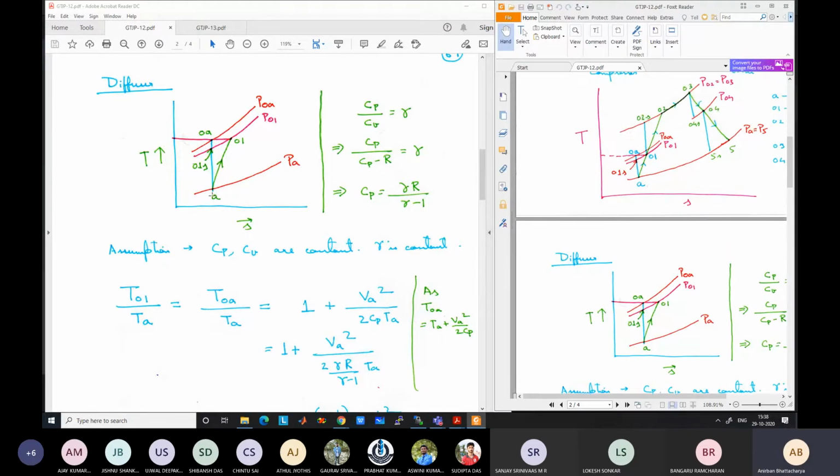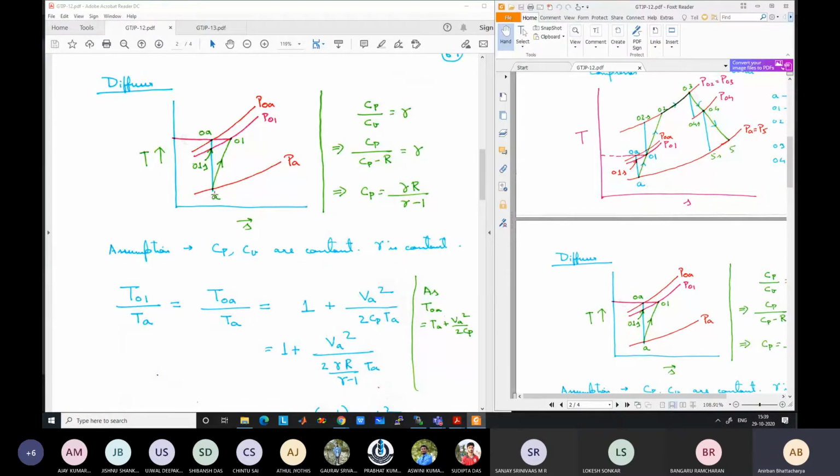Okay, the inlet condition is atmospheric condition: temperature is TA, pressure is PA, and velocity is equal to the velocity of the incoming flow, which is equal to the aircraft velocity obviously. If the incoming fluid is static and the aircraft is moving with velocity VA, then with respect to the aircraft engine, the incoming fluid velocity is VA. So say the velocity here is VA.